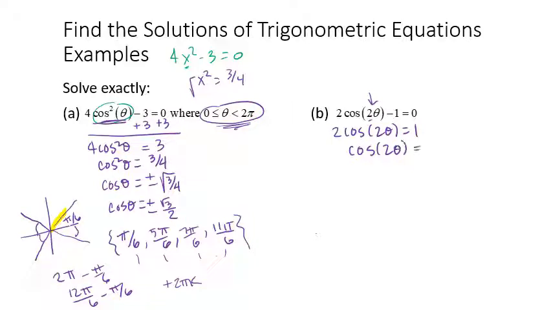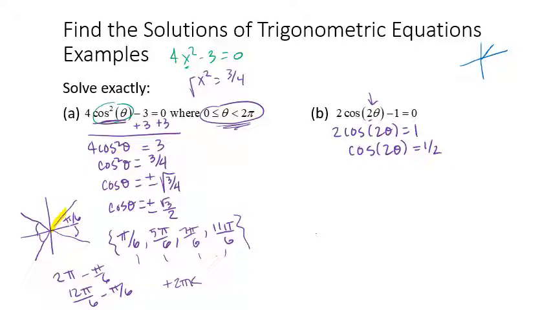All right, so now at this point, I have it. So I need to figure out, where does the cosine equal 1/2? Again, if you're thinking of that unit circle, that's going to happen at pi/3.